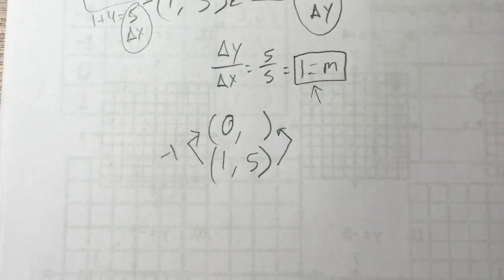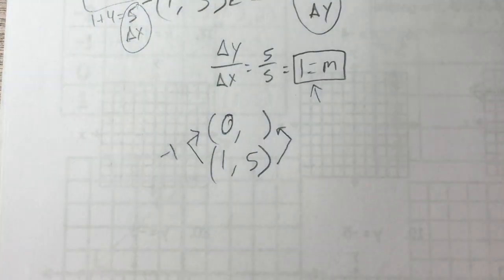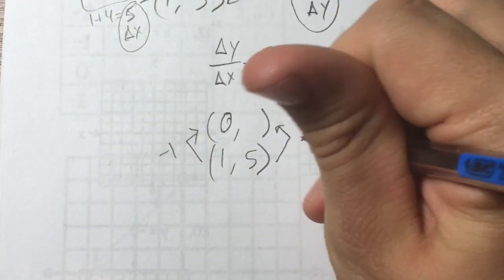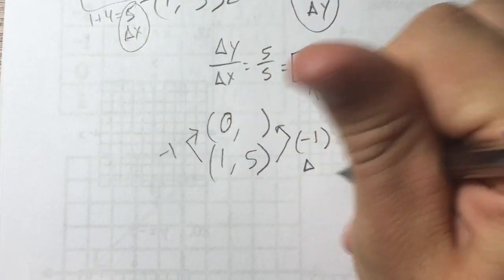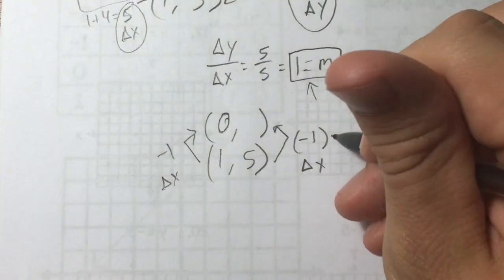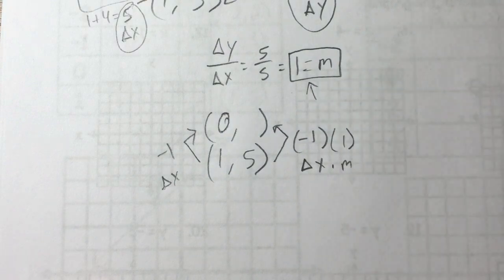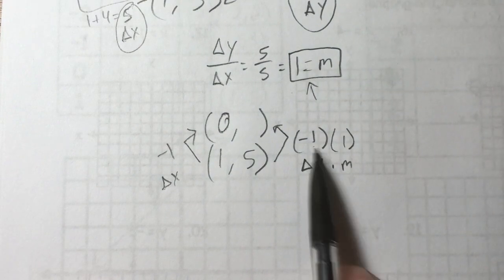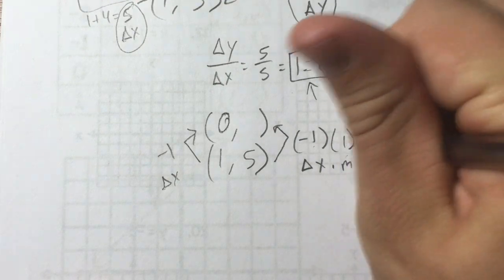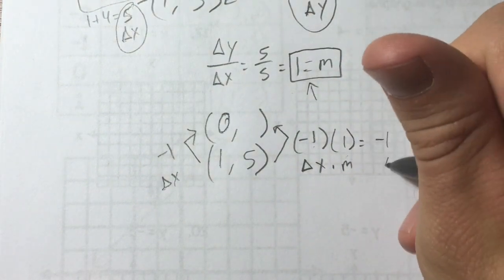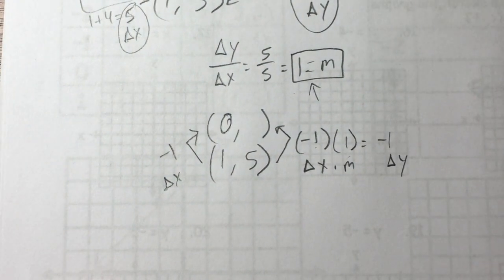But if these numbers were a little more complicated, what you need to do is multiply -1, your change in x, times 1, our m value. You're multiplying your change in x by your slope to get your change in y, which is -1.